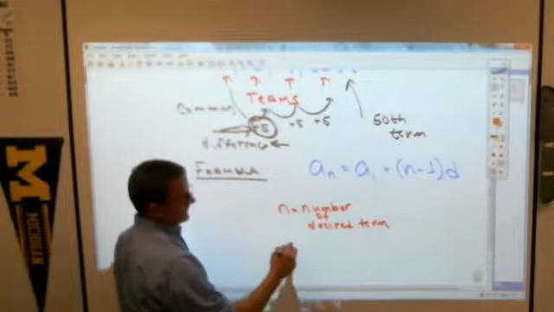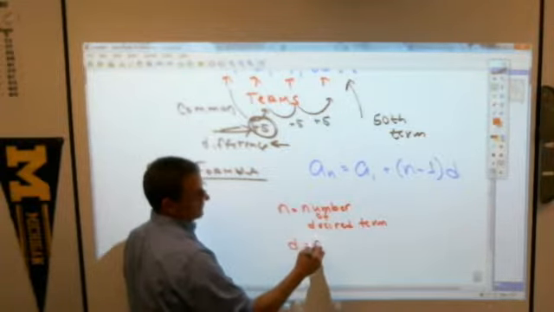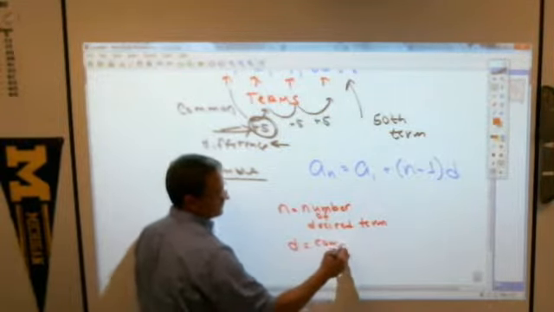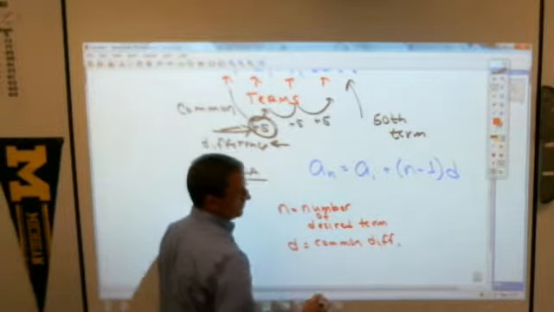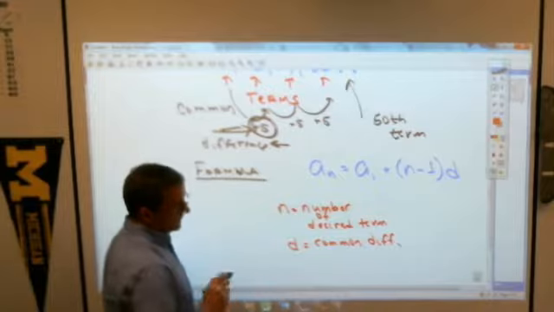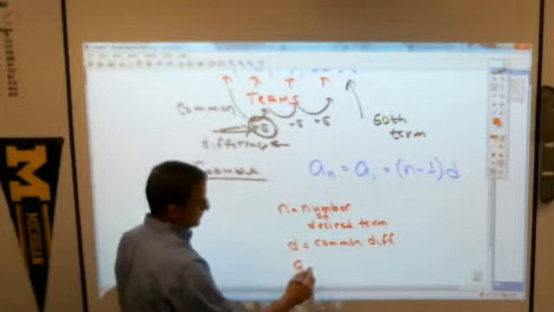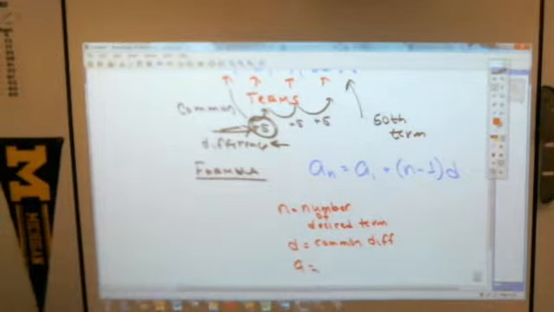The letter d is the common difference. And the other thing to keep in mind here, a is, I believe, the value of the term. Is that how they phrase it? I just want to phrase it the same way that they do.